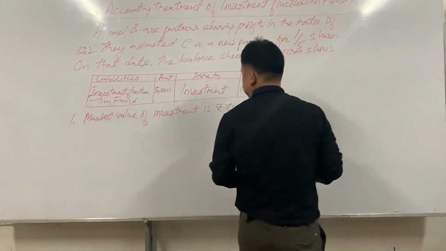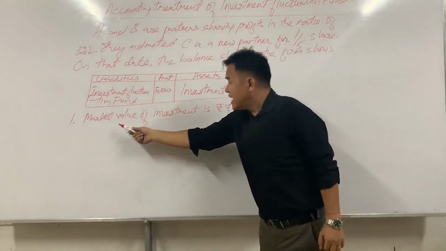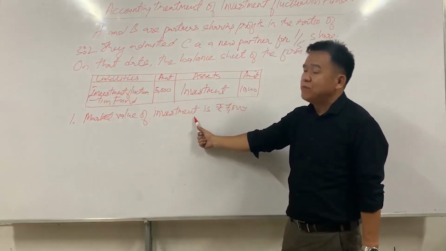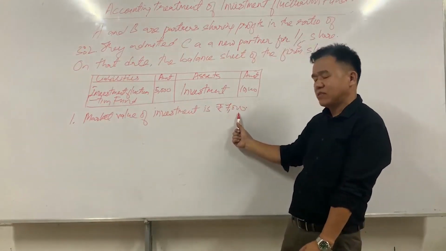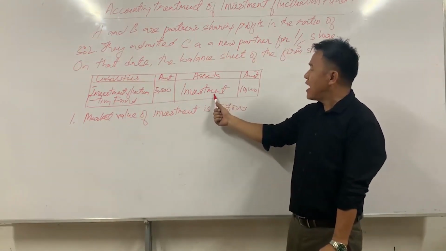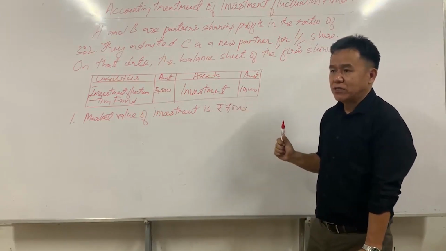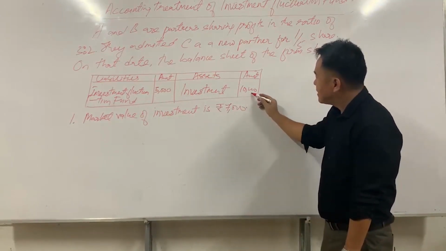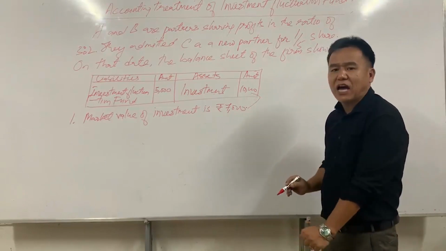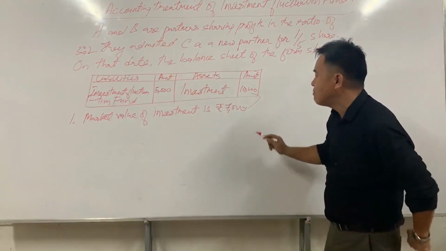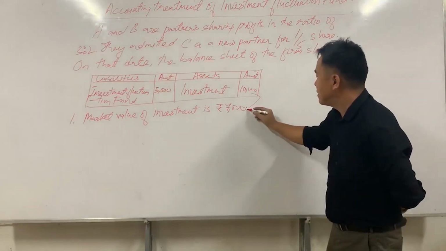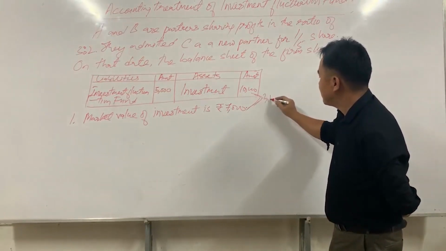So here the current value of investment in the market is 7,000, whereas its book value is 10,000, which means there is a loss of rupees 3,000 due to fall in the market value of investment. A loss of rupees 3,000.